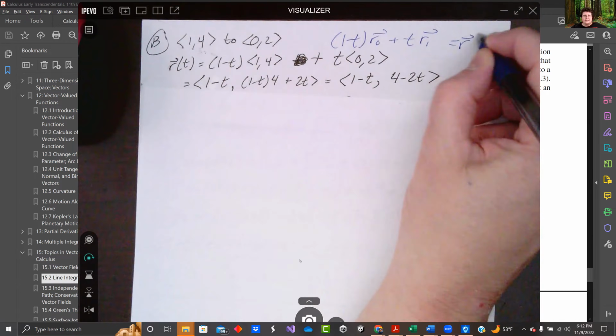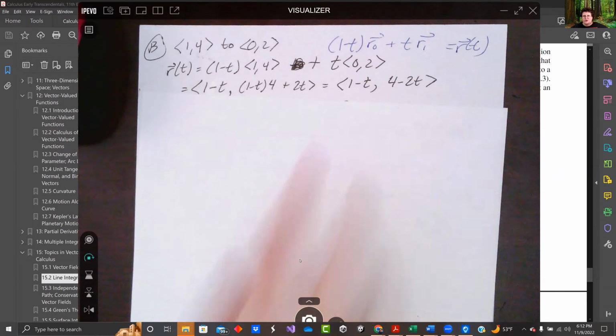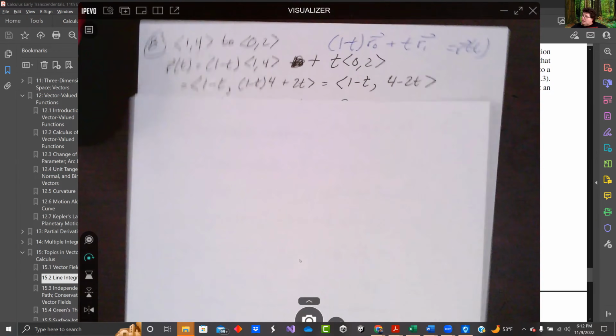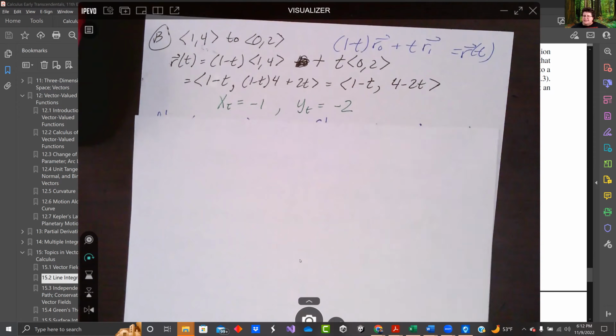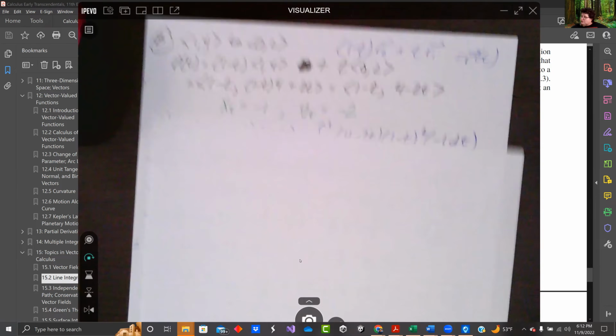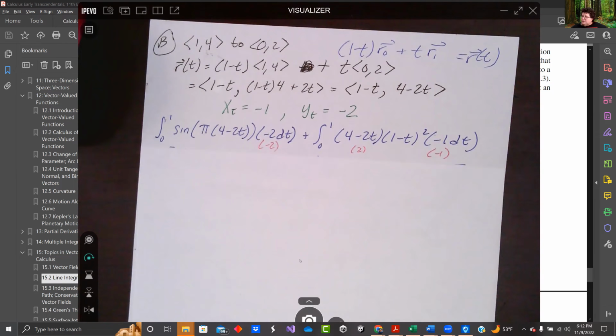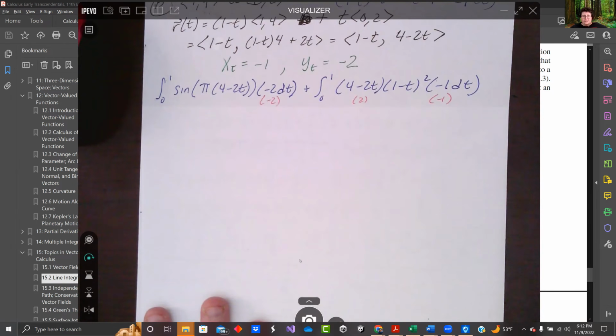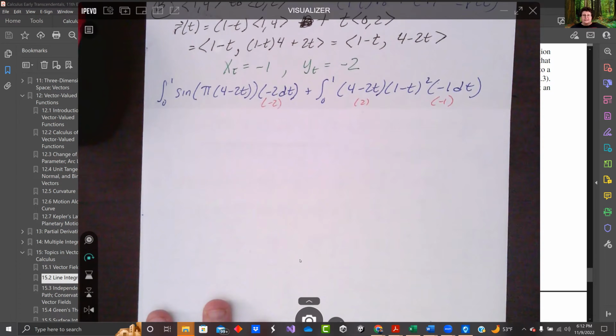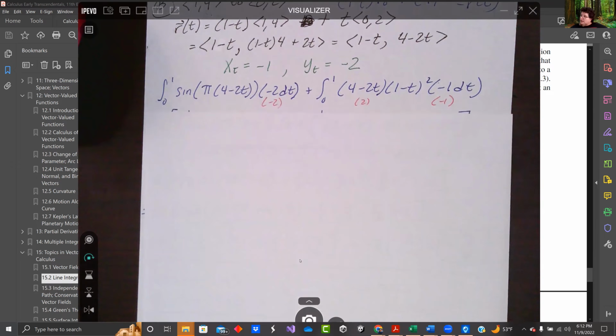And I end up getting 1 minus t and 4 minus 2t. Make sure you get the same. And we needed dx/dt and dy/dt. In this case, it's -1 and -2. So I'll plug that all into our functions with our new x's and our new y's and our new dx/dt's and our new dy/dt's.